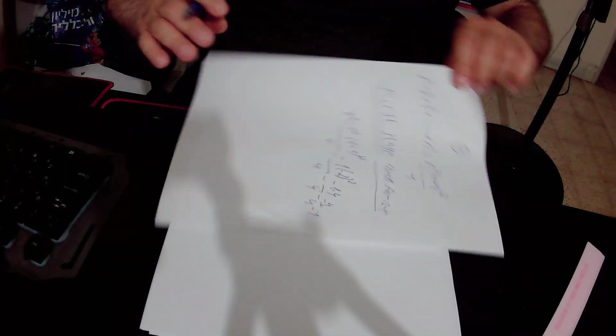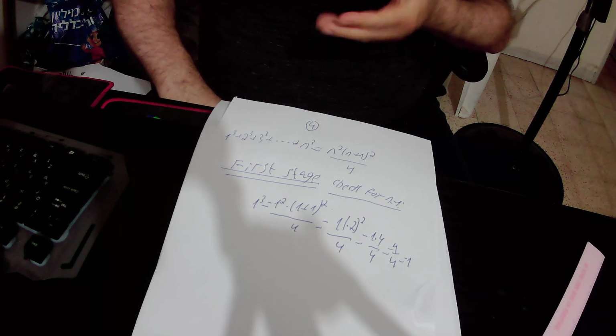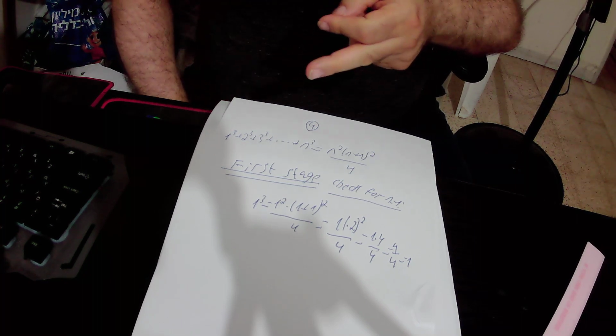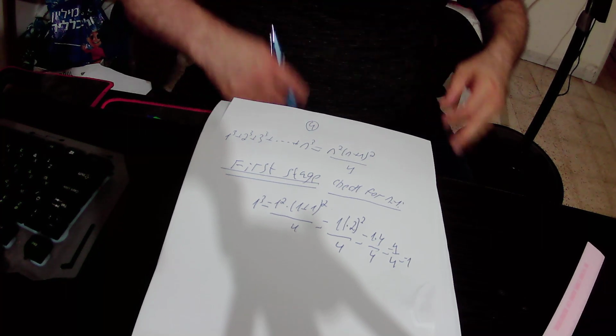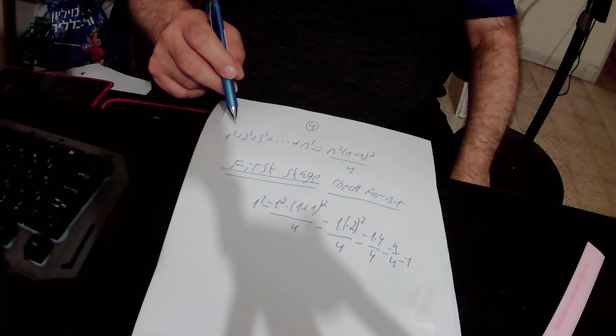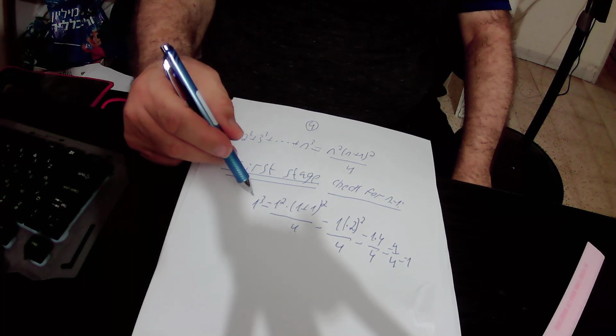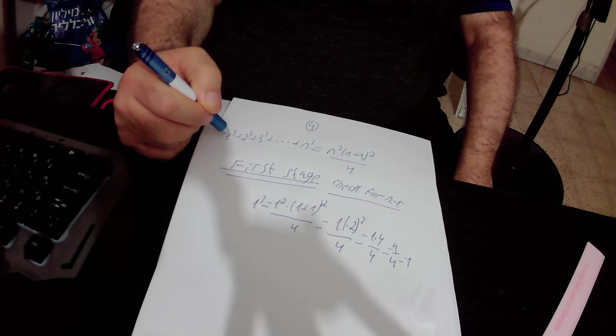So we repeat again what we have done here. We actually check that this statement is true for n that equals 1. So in this side of the equation we have only 1 to the power of 3, because n equals 1.